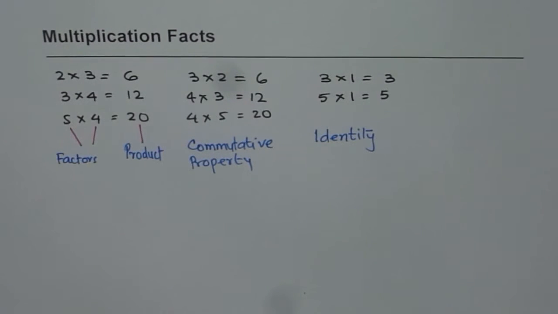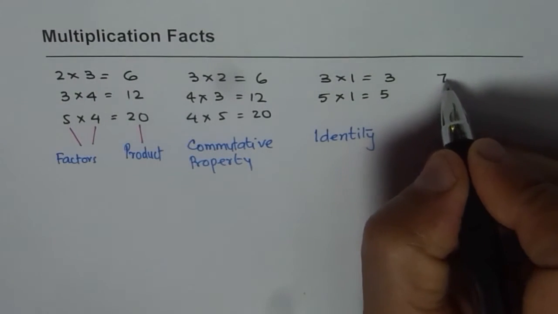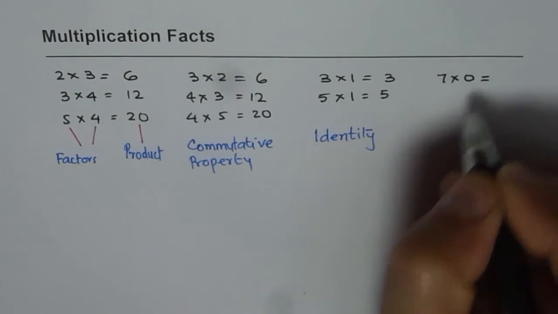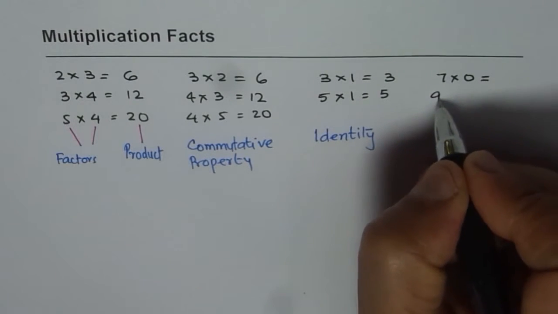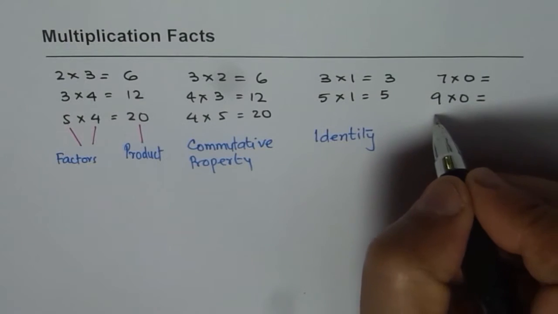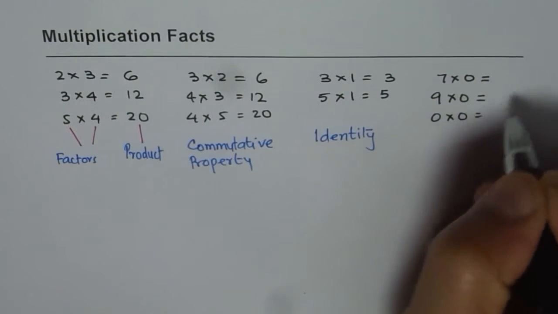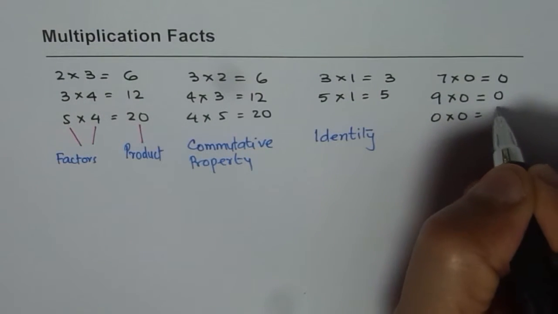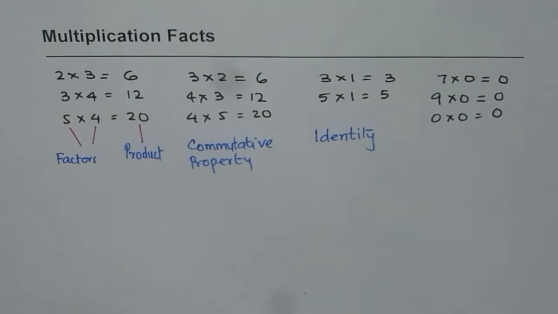Okay, how about multiplying by 0? If I do 7 times 0, what do I get? If I do 9 times 0, what do you get? Even 0 times 0 is just 0, right? So when you multiply by 0, you always get 0. These are interesting facts about multiplication.